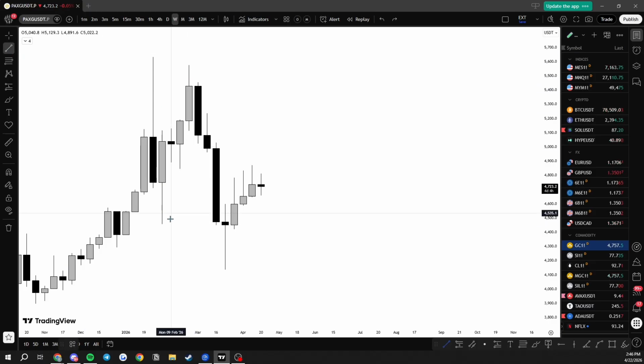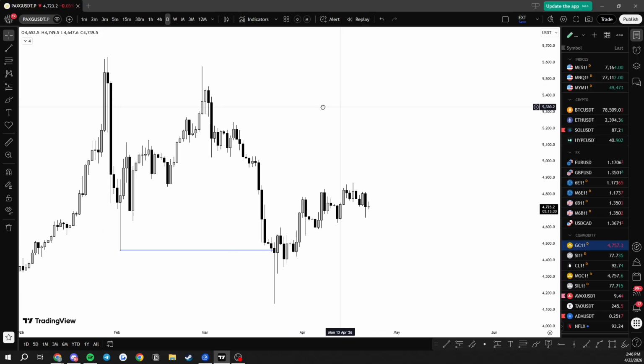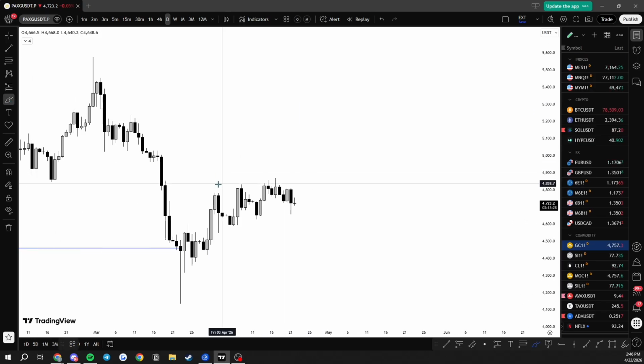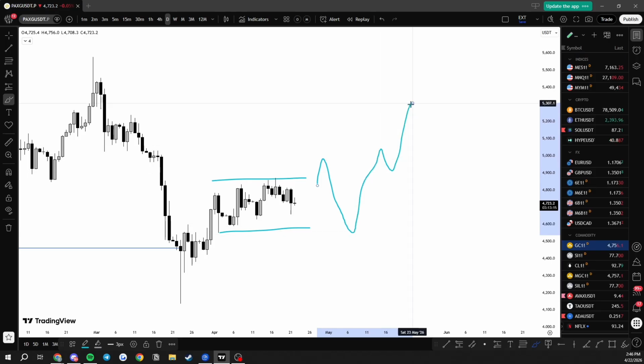So we took out this low, we closed back inside of this candle, we printed a reversal candle, and then we had 3 weeks of pretty much straight up. Let's drop down to the daily. And we're going to see that exact same thing, right? Where we have this consolidation, and when we get a consolidation, we're looking for this, or we're looking for this.